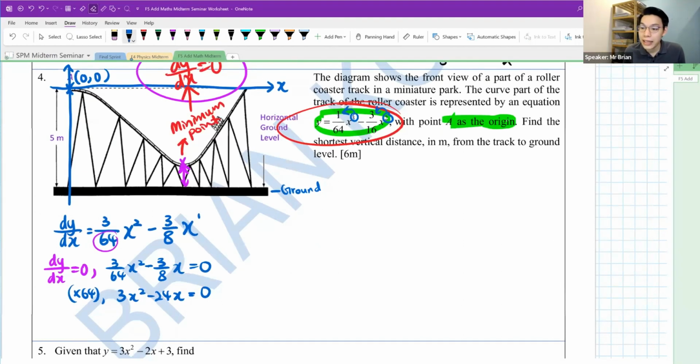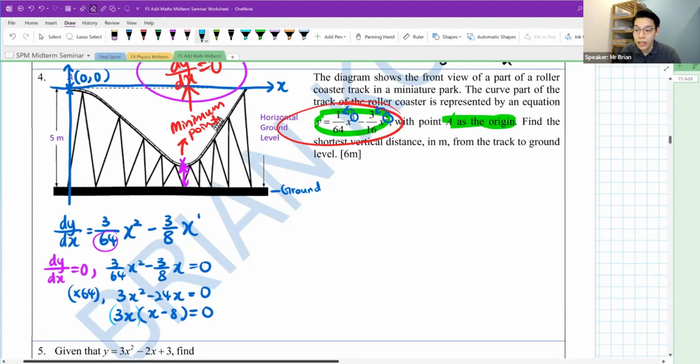And then I'm going to factorize out 3 and x, which I will get 3x(x minus 8) equals 0. So we have two possible answers. One answer is that 3x equals 0, so x equals 0. Another answer is that x minus 8 equals 0, so x equals 8.